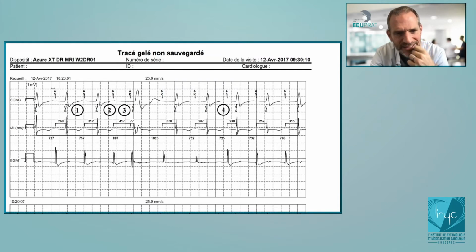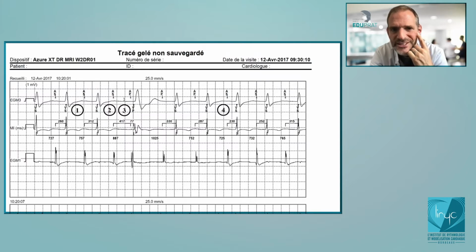Once you have detected a natural signal, so AS or AP, it measures the PR interval and then opens a window for the R wave.